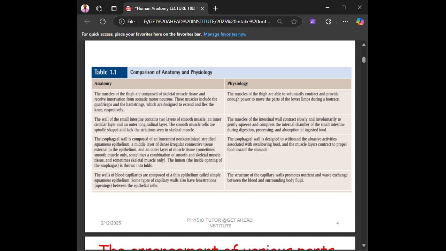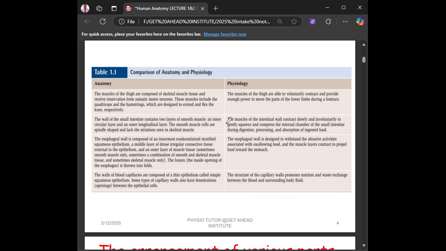Anatomy will know that the function of this particular structure is ABCD, but now physiology will come in: what mechanisms bring about those functions named as ABCD. That is the difference between physiology and anatomy.